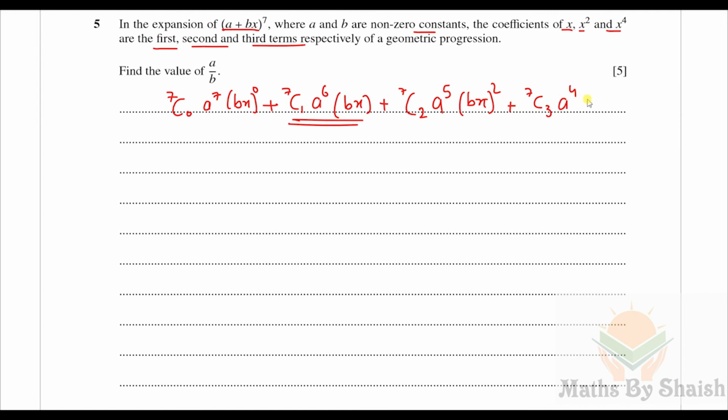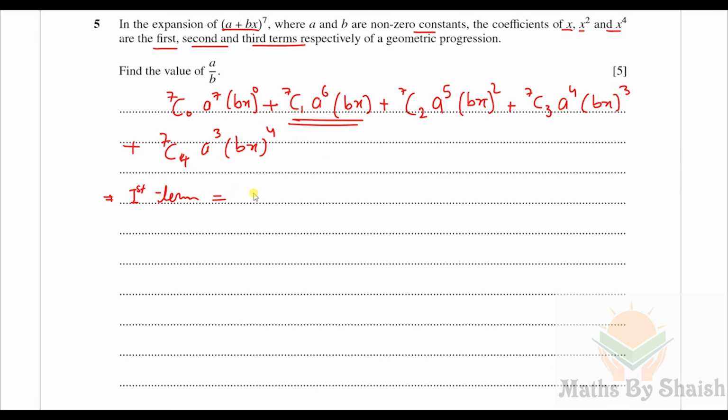And for x power 4 we will get 7c4 a raised to the power 3 and (bx) to the power 4. So the first term, we know, is the coefficient of x. From here we get the coefficient of x as 7c1, that is 7, a raised to the power 6 and b.